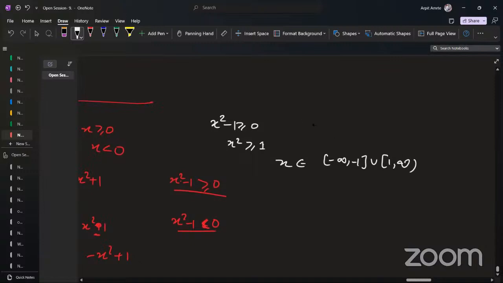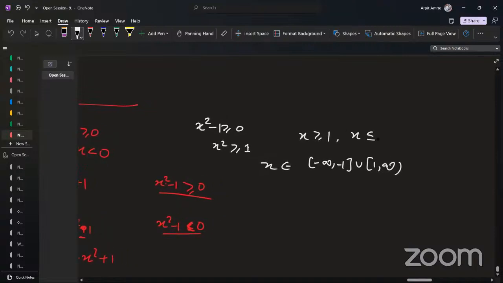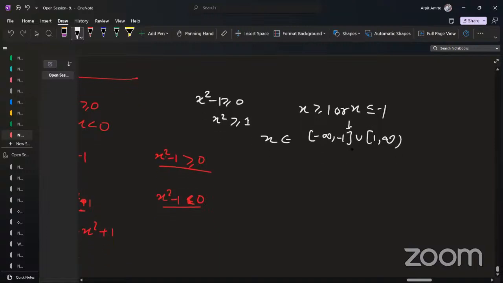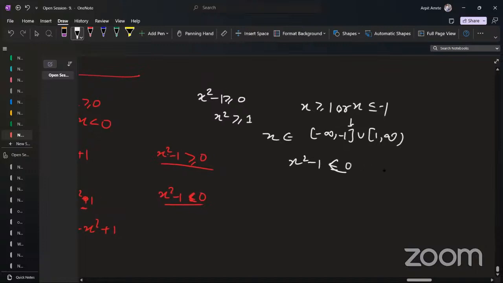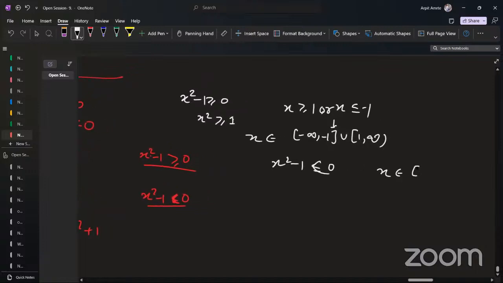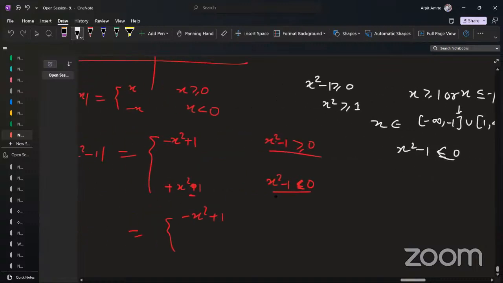Why so? Either x is greater than or equal to 1 or x is less than or equal to minus 1. So these are the two cases. And x squared minus 1 strictly less than 0 means x is coming from minus 1 to plus 1.